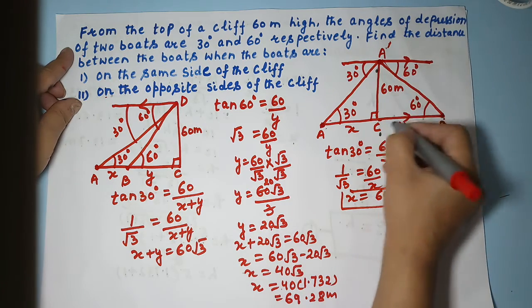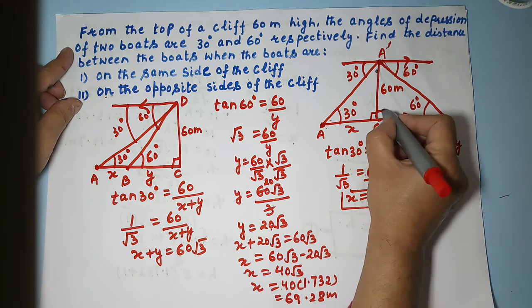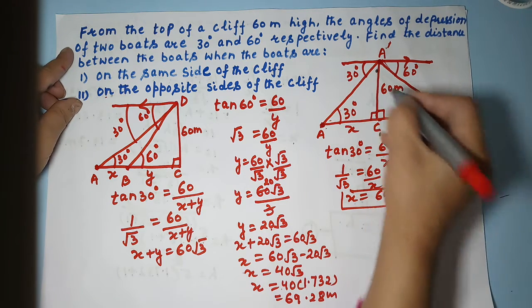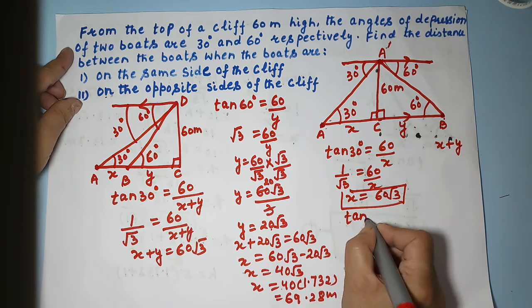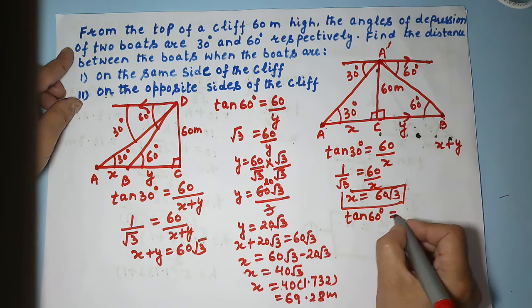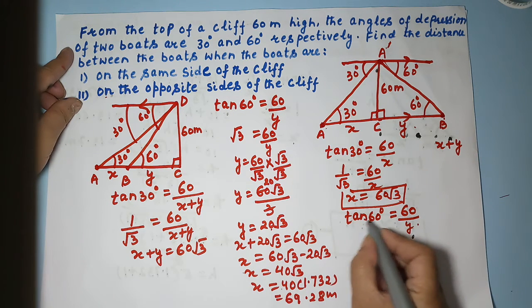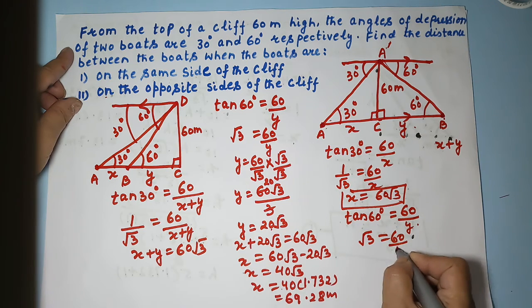Now, in this triangle A-CB, we have tan 60, which is equal to opposite upon adjacent, that is 60 upon y. Tan 60 is root 3, equal to 60 upon y.